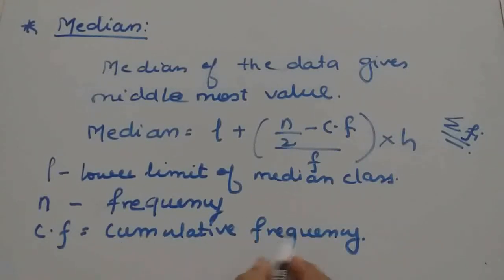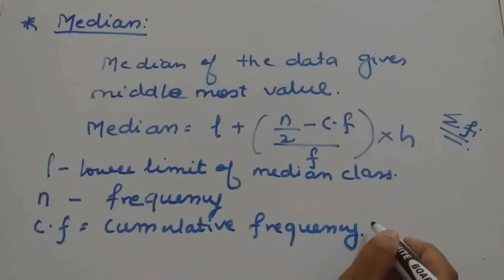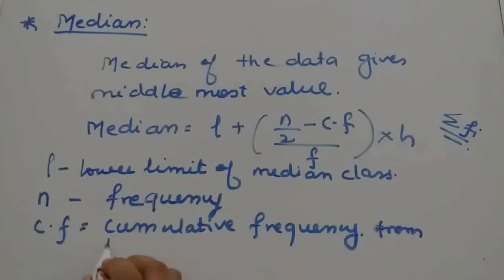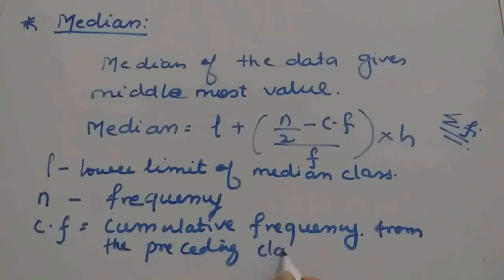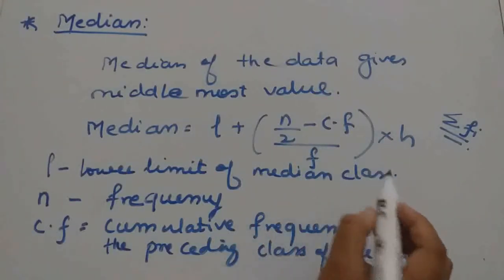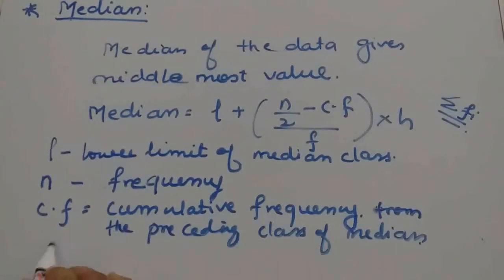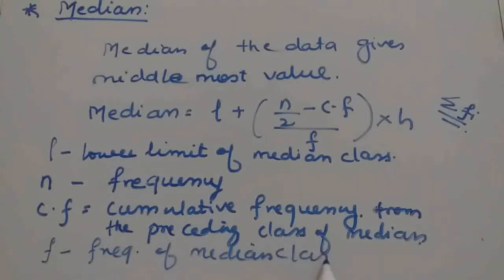This cumulative frequency we should take from the preceding class of the median class. And F will be the frequency of the median class, and H is the class size.